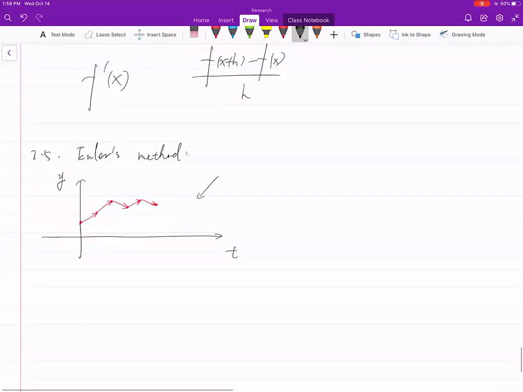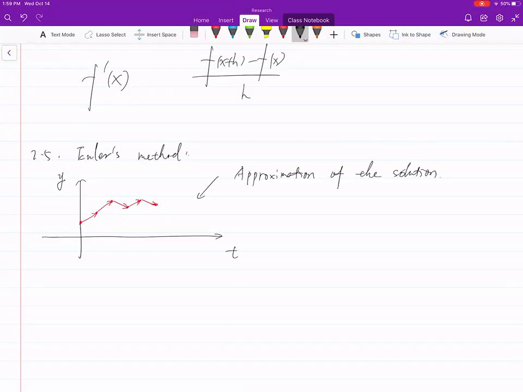So that's the solution. Which works just fine. Okay, and if you want it to be accurate, you just take smaller vectors, do more steps. Sounds good.